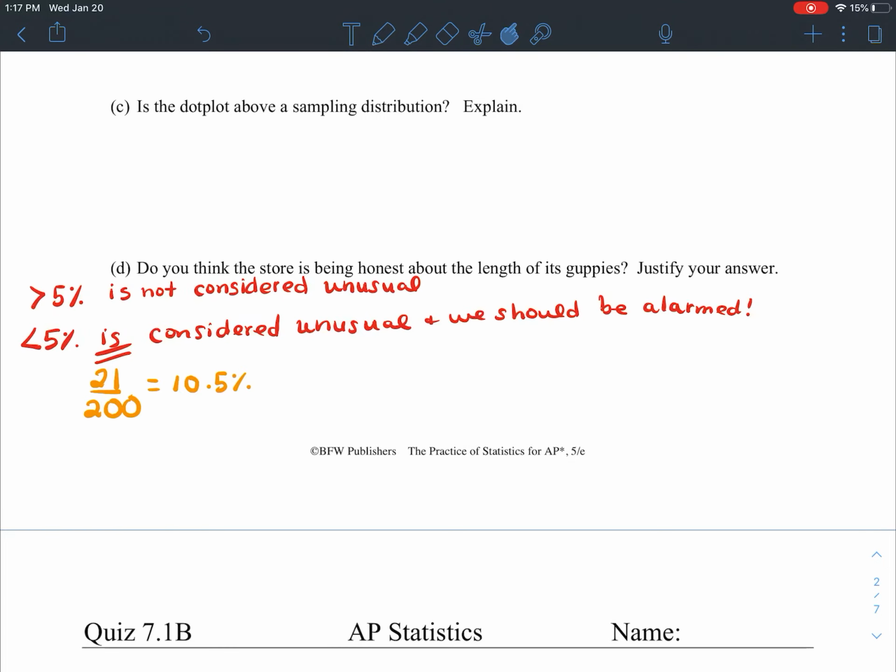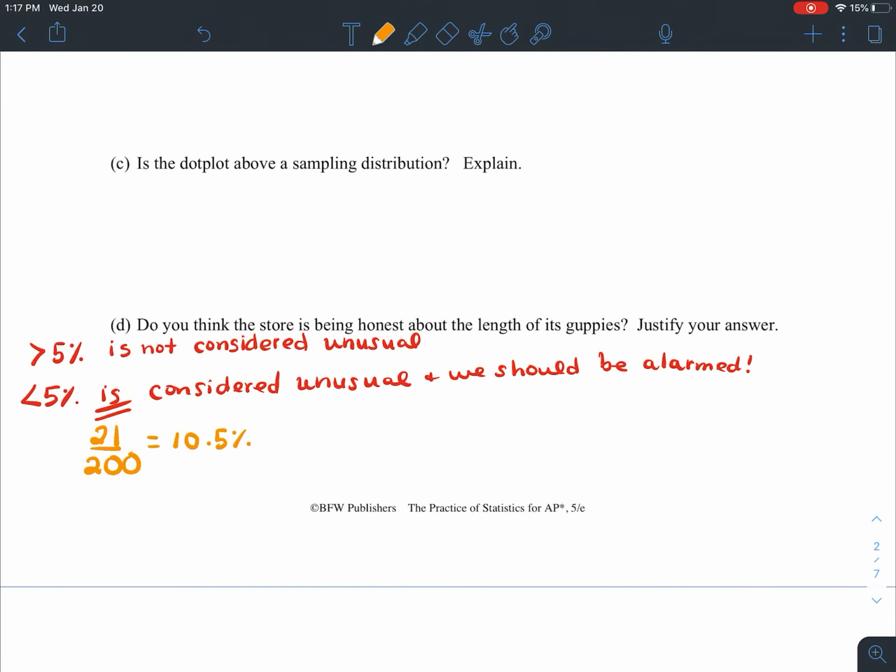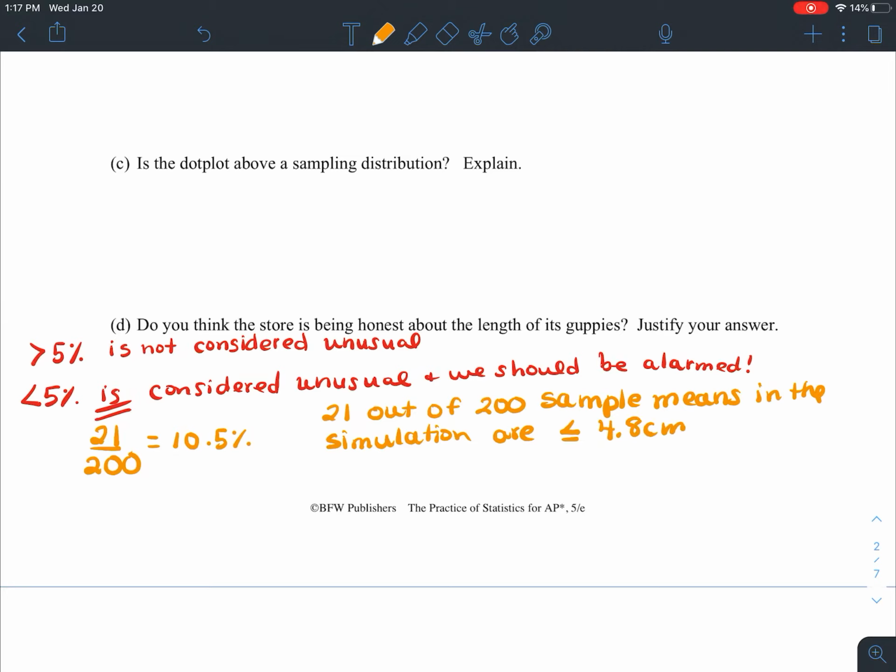Okay, so our justification, like if this was a question on the AP test, you could say something like 21 out of the 200 sample means in the simulation are less than or equal to the 4.8 centimeters that we got.